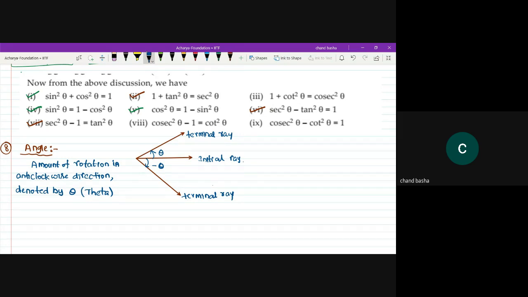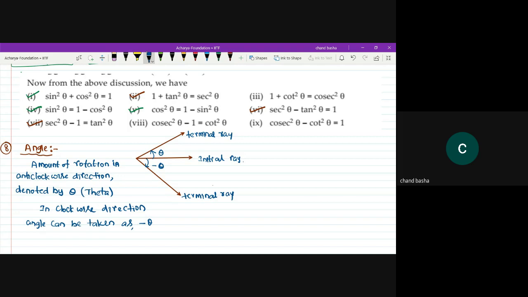If downside, clockwise is given, then it should be in negative direction, right? So in downward direction, that is clockwise direction, the angle can be taken as minus theta.